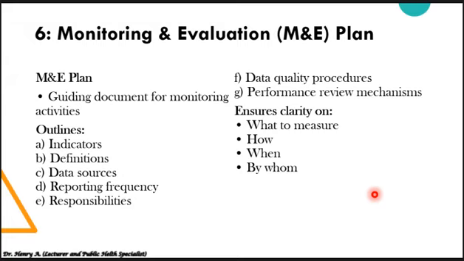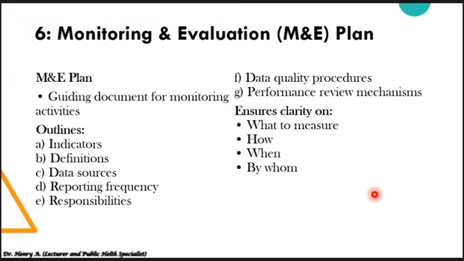So you see what should be found in the M&E plan. So it's a guiding document for monitoring activities. And in that document, it should have all this outline that I've stated. What are the indicators? The definition precisely of those indicators. Where will the data be sourced from? The reporting frequency, how frequently should these things be reported?